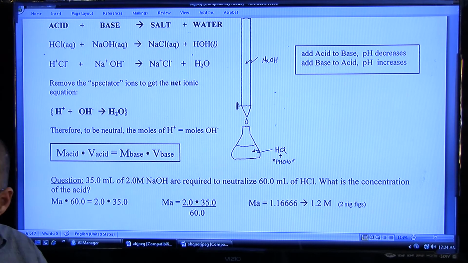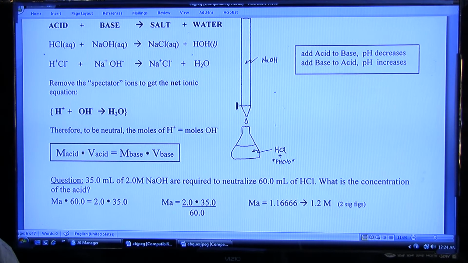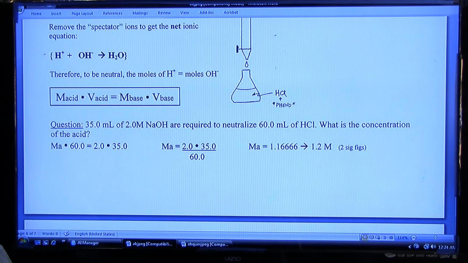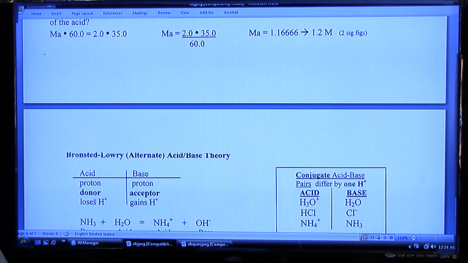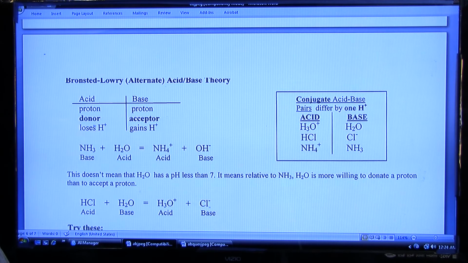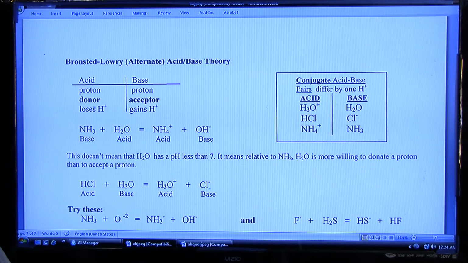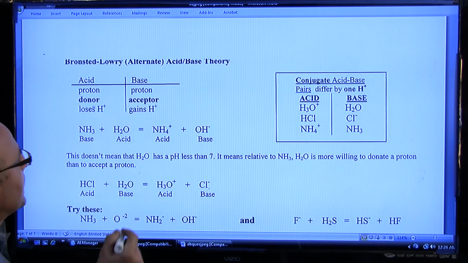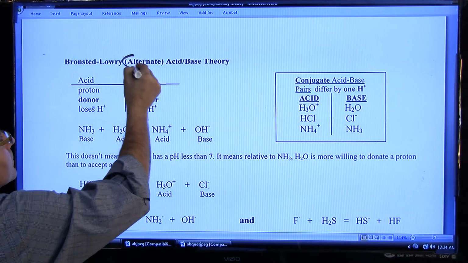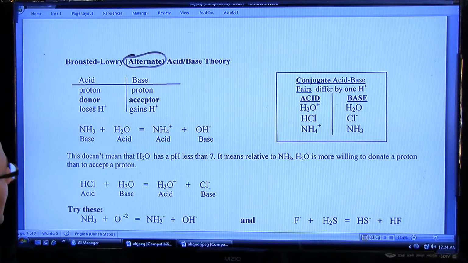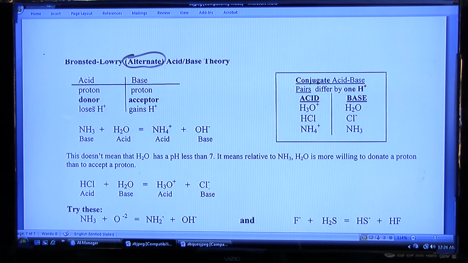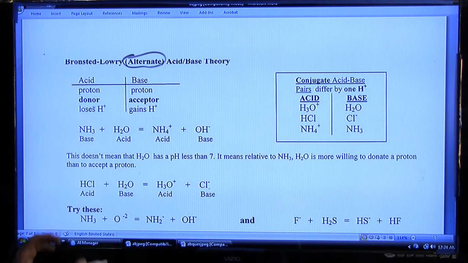But there's another theory, in fact there's three theories on acid-base behavior, but the other theory you need to know is something called the Bronsted-Lowry, or the alternate theory of acid-base behavior. Now, in this case, they define acids and bases a little differently. It's a broader definition.